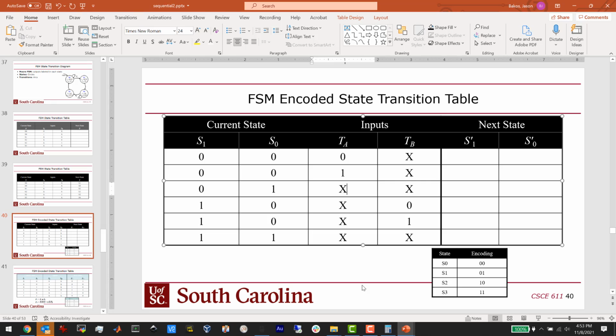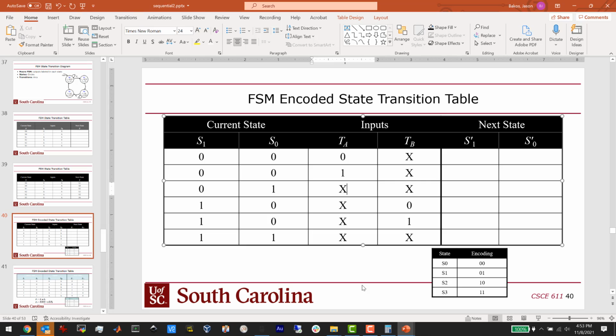I wanted to fit this on one slide. So I'm going to arbitrarily assign values. Now, how many bits do I need? Well, there are 4 states, so I need at least 2 bits. But you could choose to have more bits because sometimes by having more state bits, you can simplify the next state logic. But in this case, I just have 2 bits.